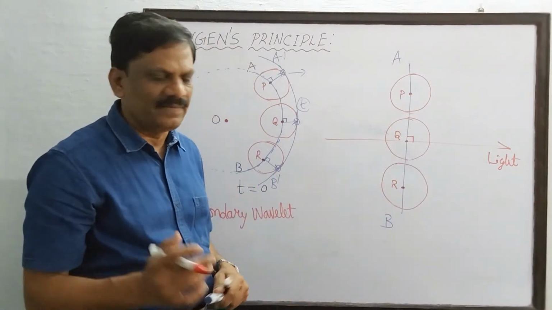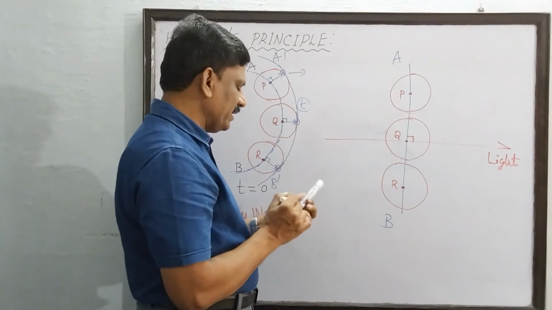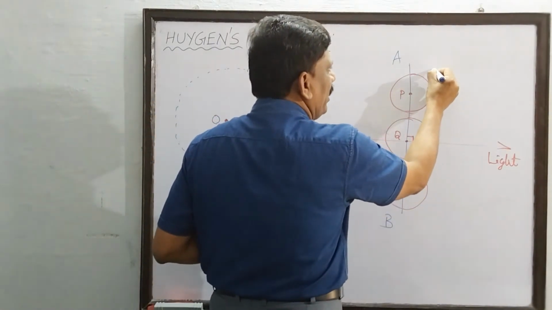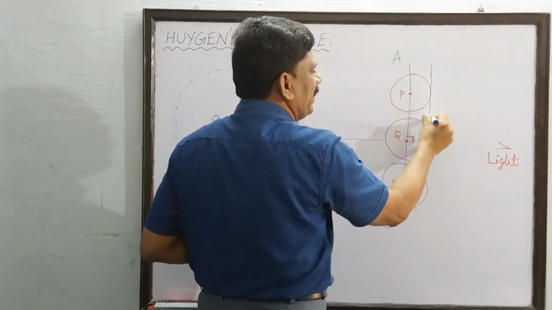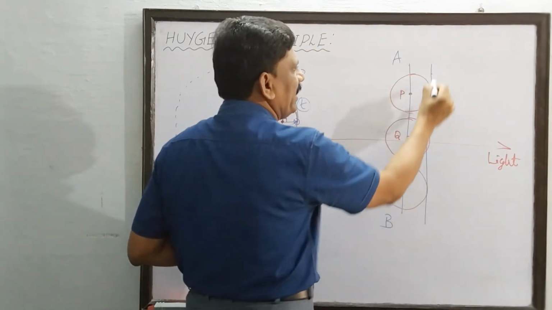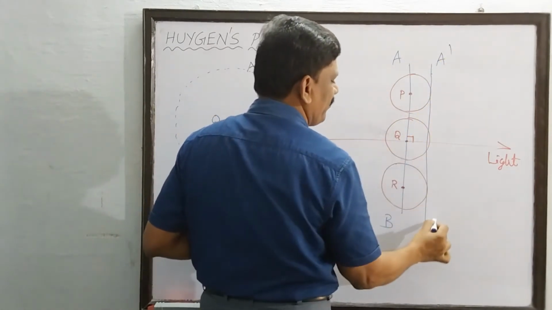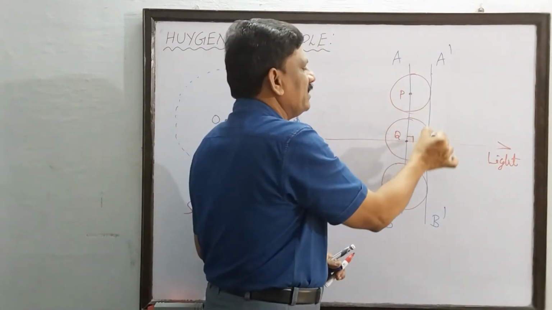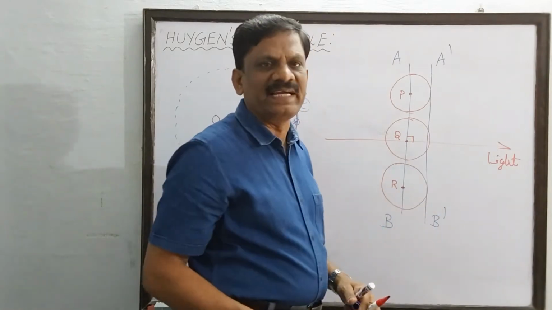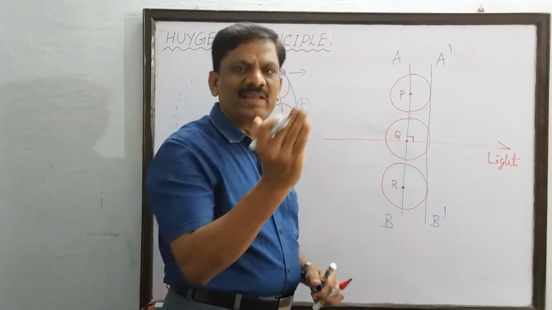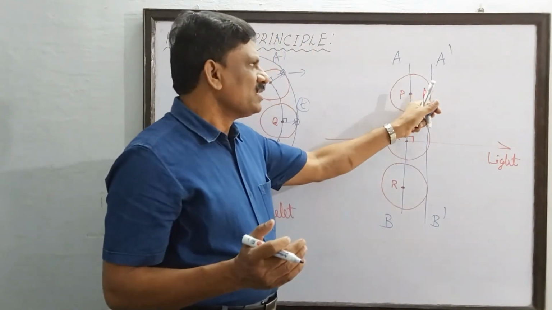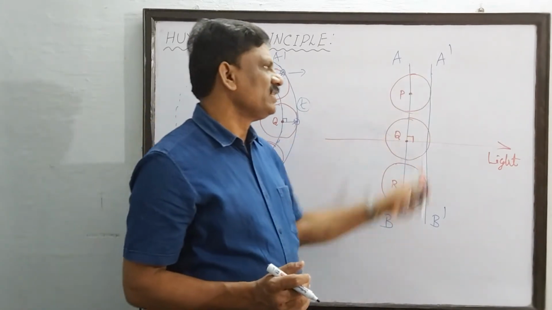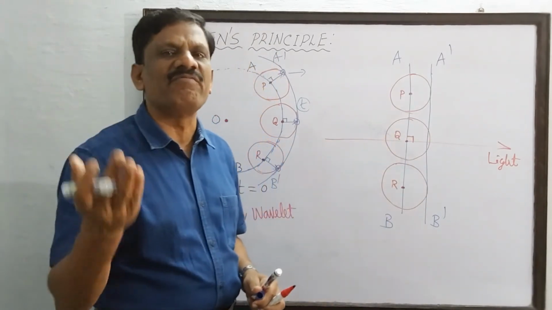Secondary wavelets. I am going to draw a common tangent to all these secondary wavelets. So I get a new wavefront A dash B dash. The common tangent is an envelope of the smaller secondary wavelets. So A dash B dash is now called a secondary wavefront.